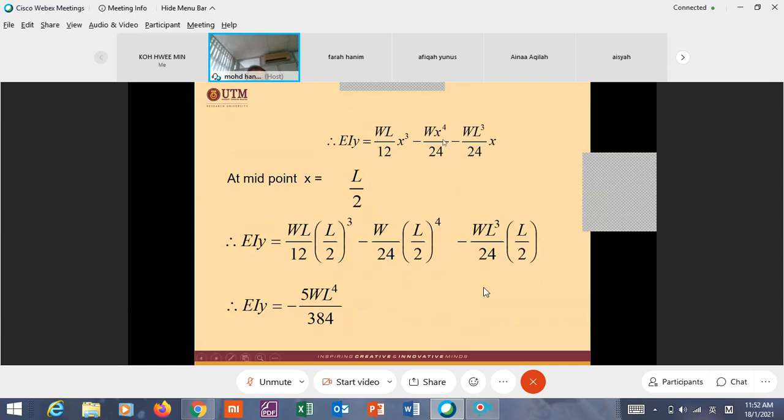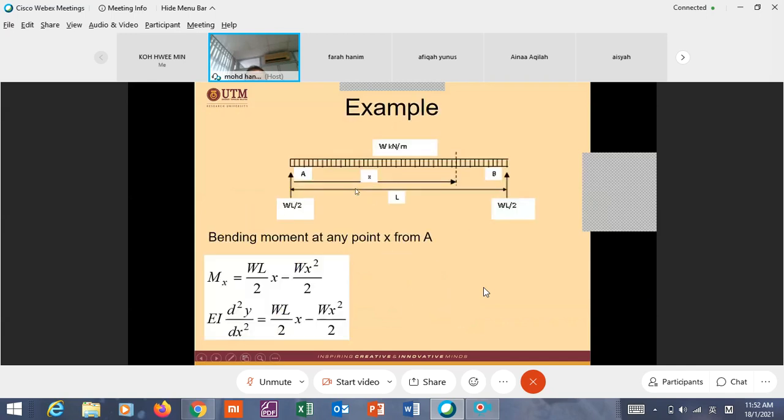This formula is important, but this is not the final. Our main purpose is to calculate the maximum deflection at midpoint. Why at midpoint? Because we know, for symmetrical loading and symmetrical structure, the maximum deflection must occur at midspan, not at any other point.